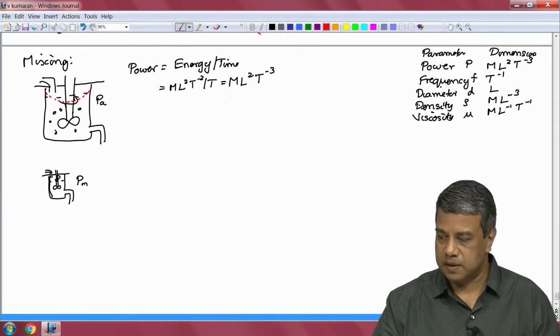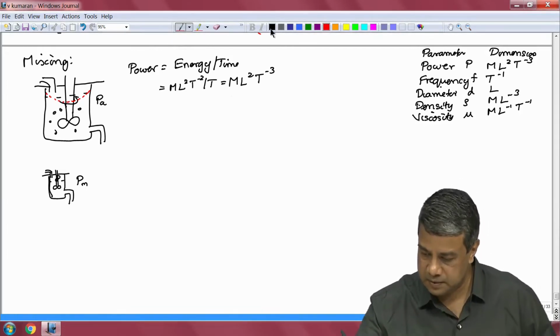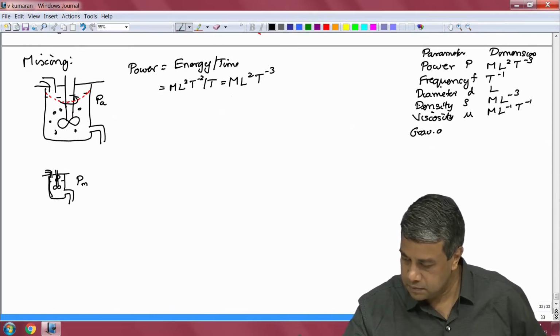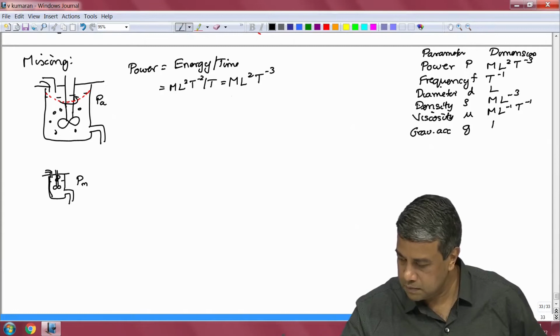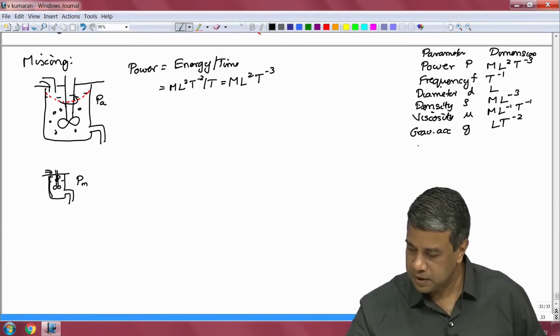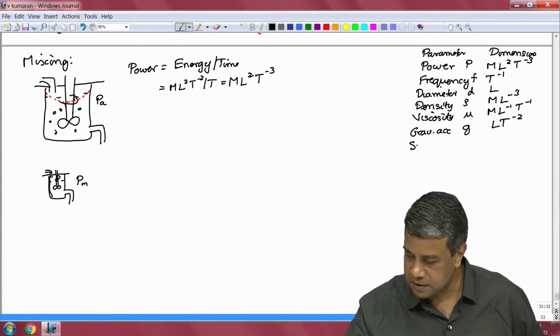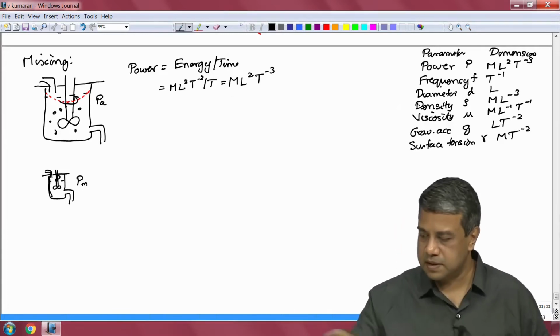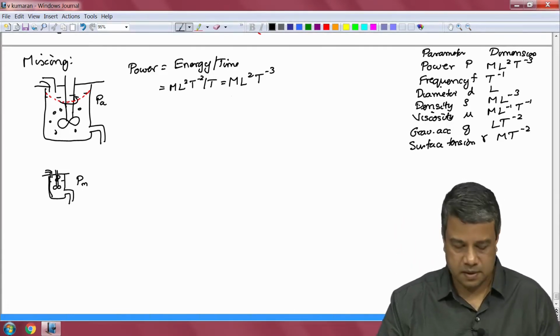So, therefore, it can depend upon gravity as well. And it can depend upon surface tension. Surface tension has dimensions of mass times T to the minus 2.